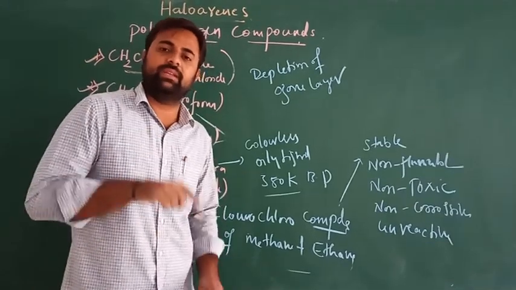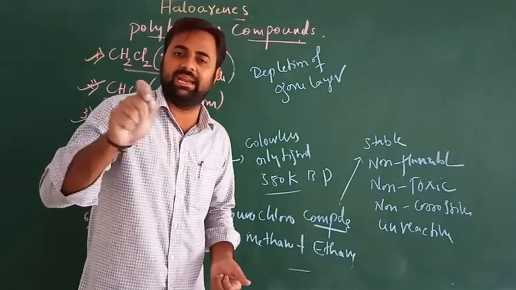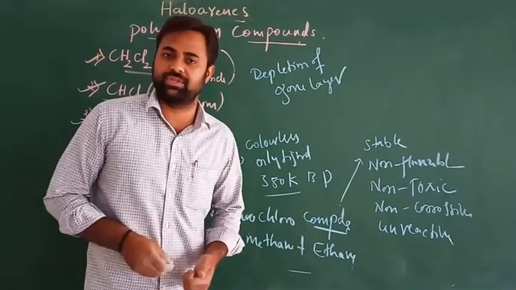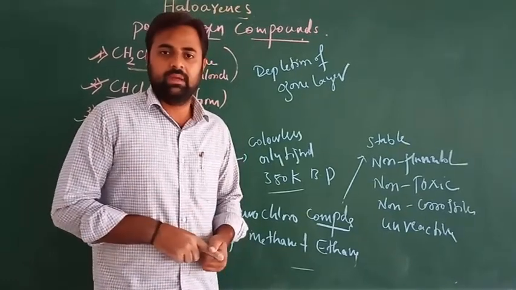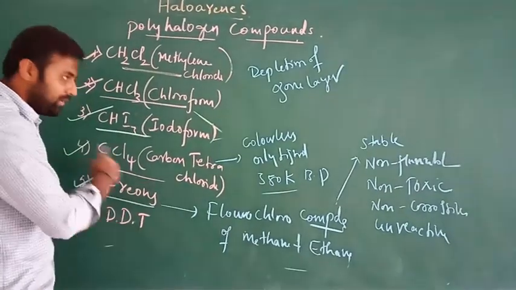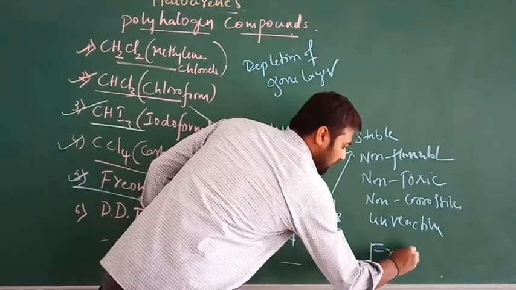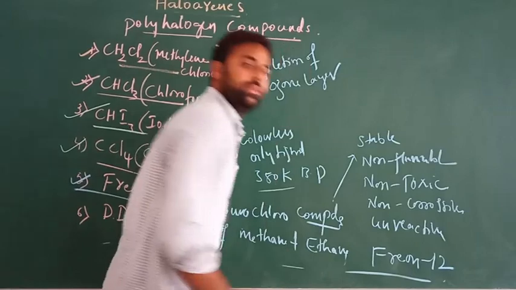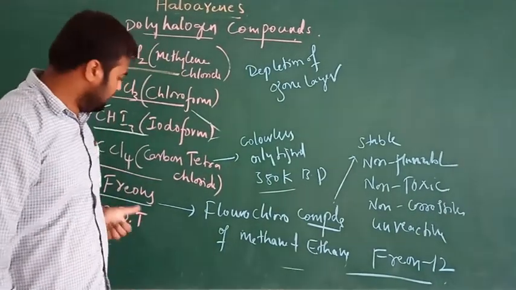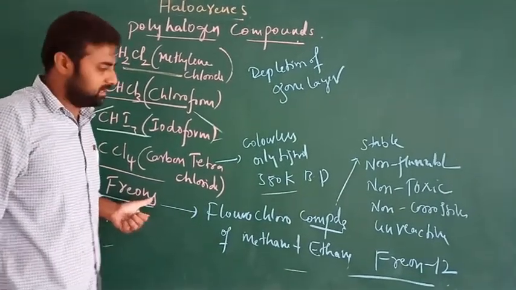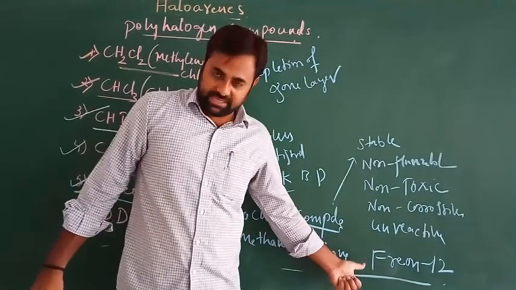So that's why these freons are used as refrigerants in refrigerators and some kinds of air conditioners. That is the application. And in this class of compounds, freon 12 is one of the important compounds because of its industrial use.